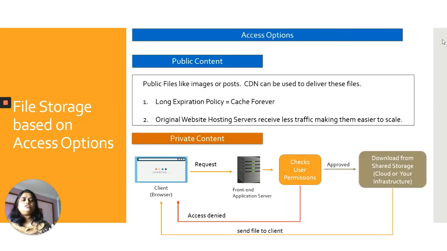And if it is approved that the user has the permissions, then the application server will download the data from the shared storage. The shared storage that we saw in our previous slide is either your cloud storage or your own infrastructure. And the file that the server gets from that storage, it will send back to the client. So these are your different types of content and the access options.